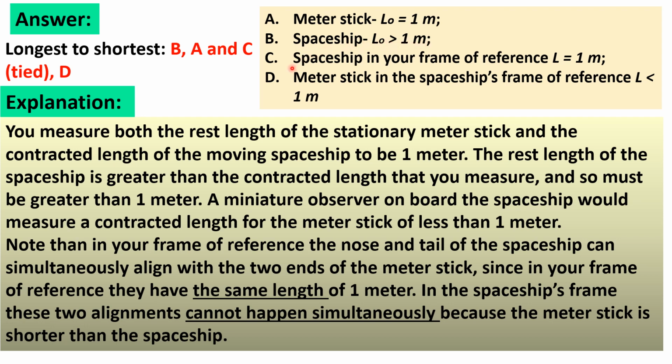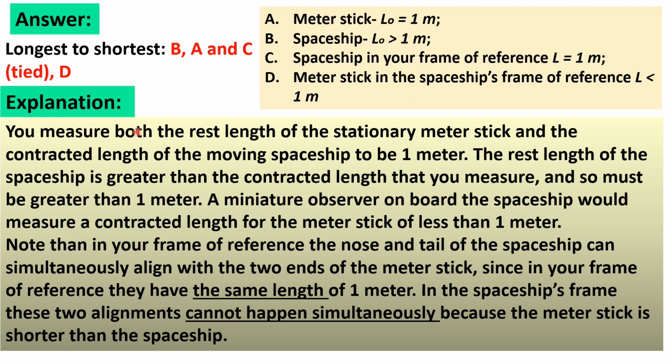For option C, the spaceship, based on your frame of reference, its length is contracted, and that is equal to 1 meter. While for option D, we have the meter stick in the spaceship's frame of reference. That means from the perspective of an observer in the spaceship, the length of the meter stick is contracted, so it is less than 1 meter.